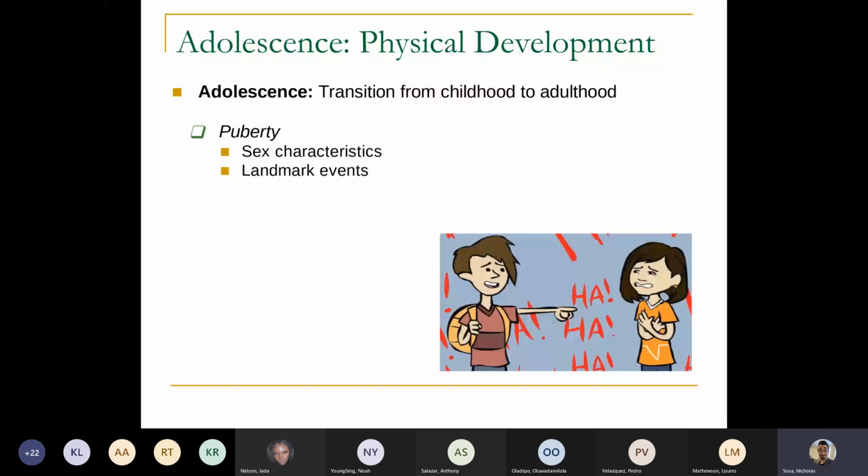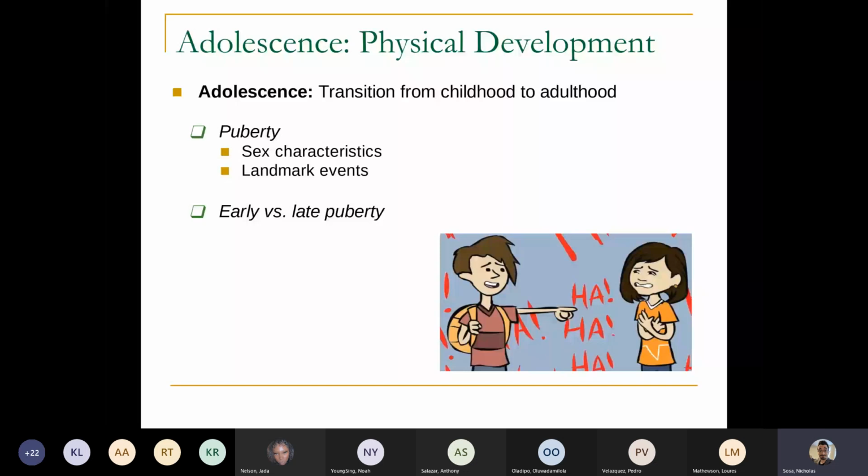Though researchers argue that the landmark event for puberty for teenage boys is typically the presence of the first wet dream. Okay. Now, as has been a recurrent theme in this entire topic on human development, there is a lot of variation in which children reach their developmental milestones. As we discussed in the past, some children talk a little bit earlier than others.